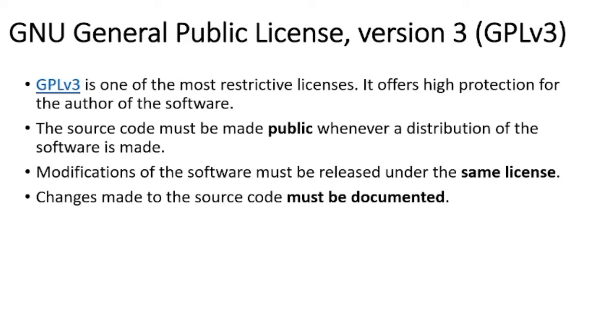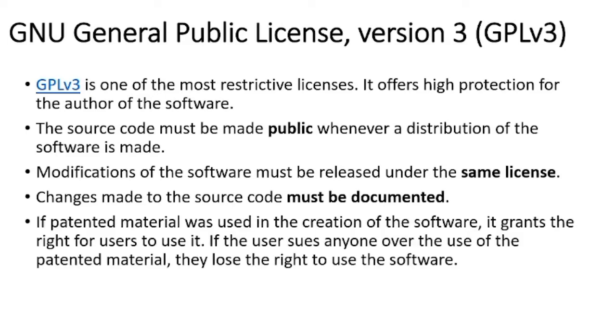The fifth point is that if patent material was used in the creation of the software, it grants the user the right to use it. If the user sues anyone over the use of the patent material, they lose the right to use the software. The GNU General Public License is the most restrictive license in our list.